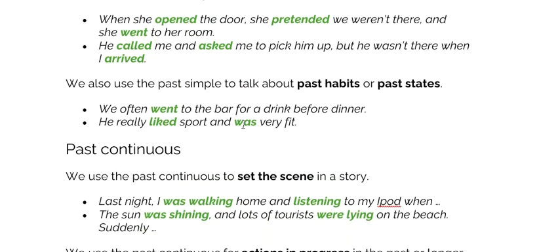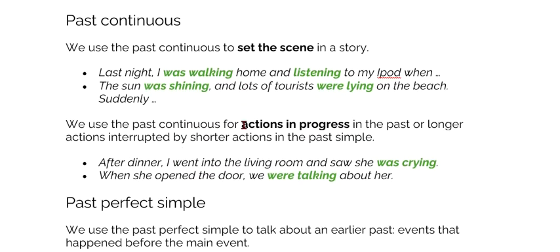So the next verb tense that we can use in order to give the account of an event or tell the story in the past is past continuous. We use the past continuous to set the scene in a story. So let me just make it simple for you, everyone. We can use past continuous to create a background to our story.